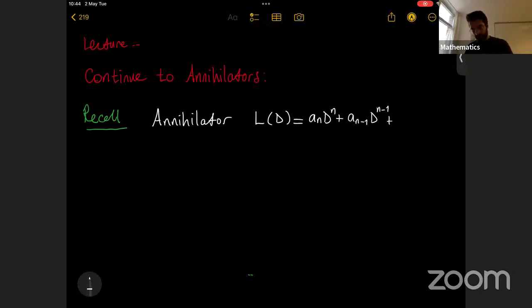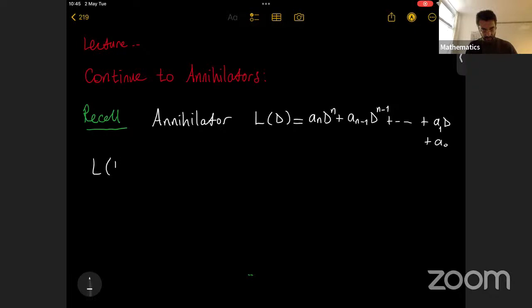It basically takes the derivative, okay? This annihilator is an operator and it acts on functions.